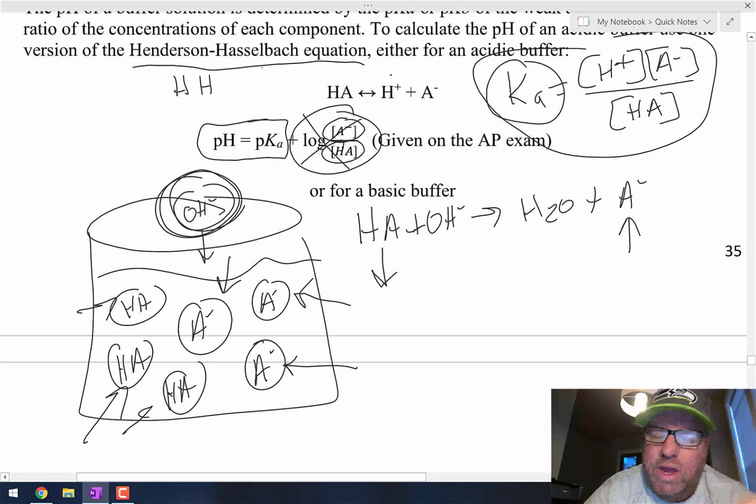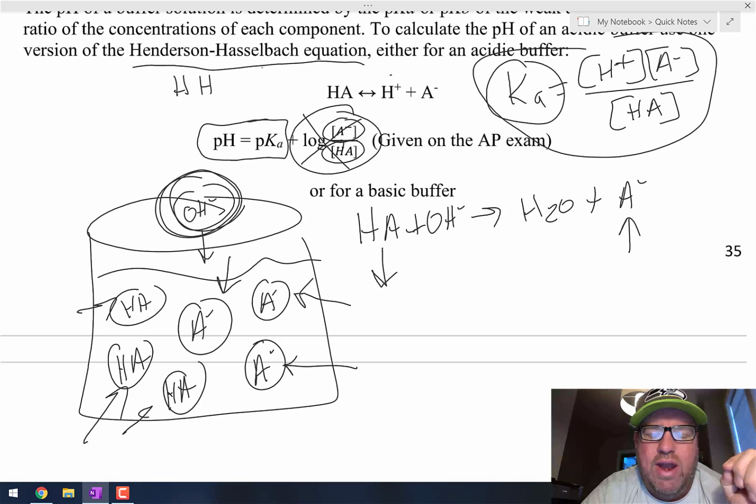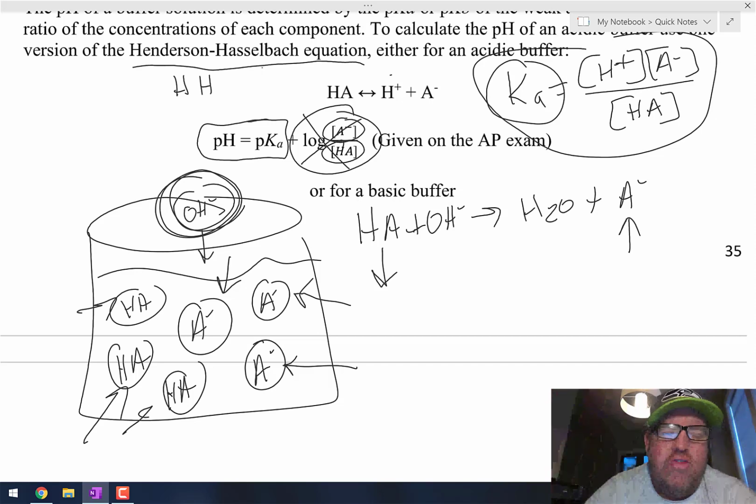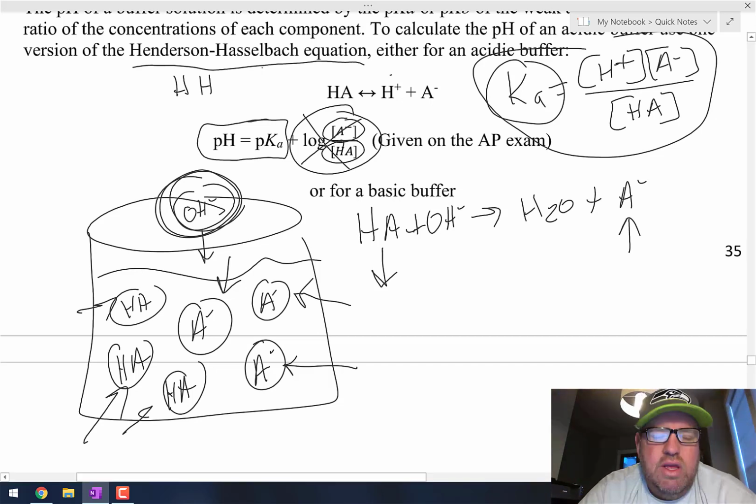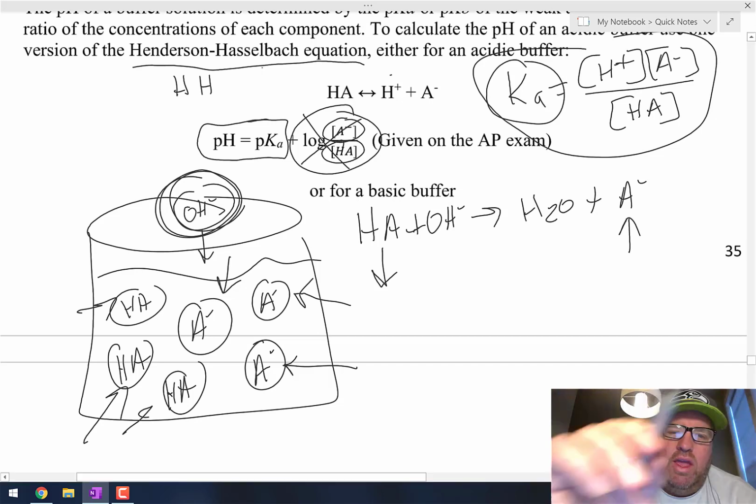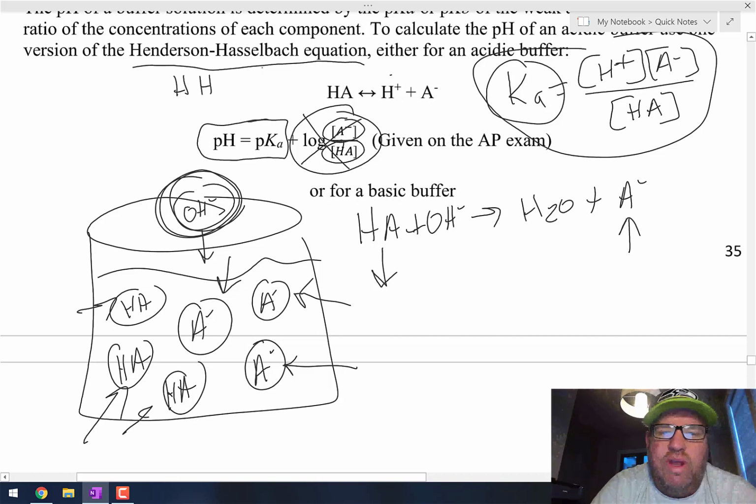Okay, and they really like asking questions about that, about your ability to identify the half equivalence point, your ability to look at a titration curve and determine what the pKa or the pH is based on the half equivalence point of that reaction. Okay, and again, we'll see some examples of that here in just a second.